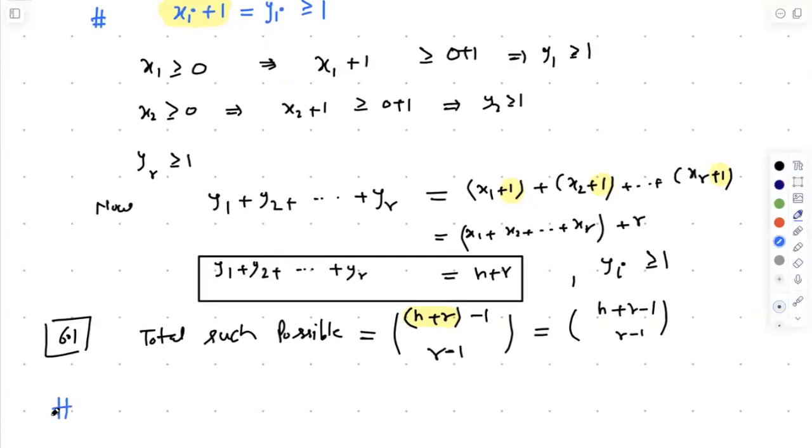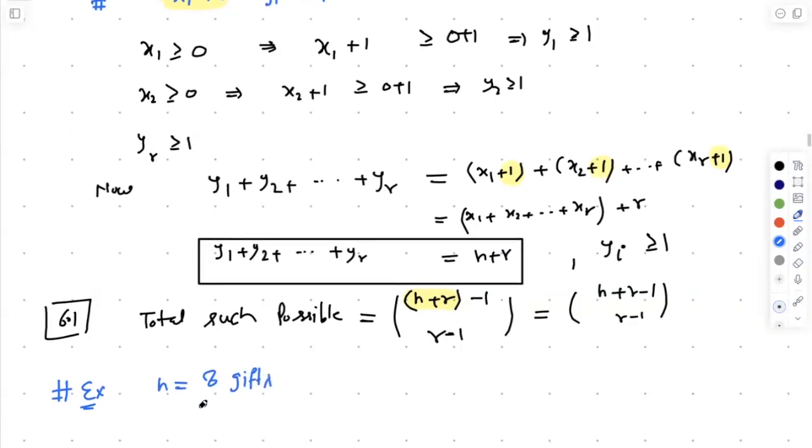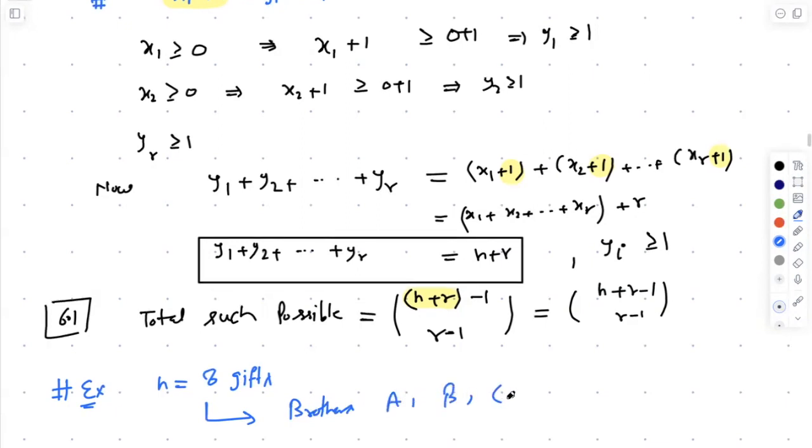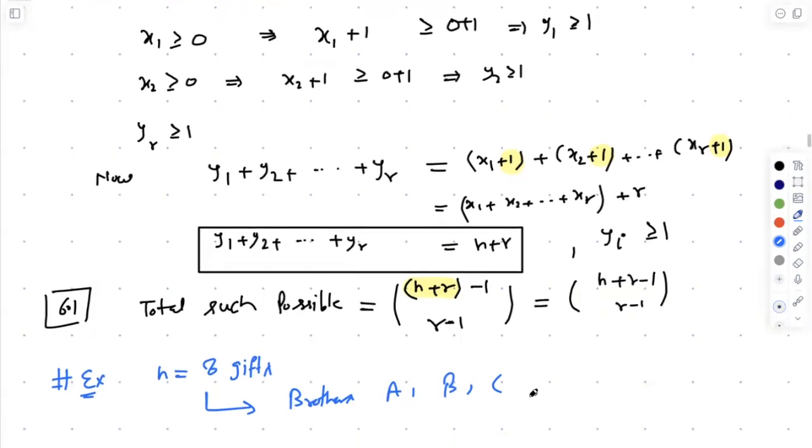So for example, if I ask you, there are n equals 8 gifts, and you need to divide these 8 gifts among 3 brothers A, B, C, and anyone can receive any number of gifts.